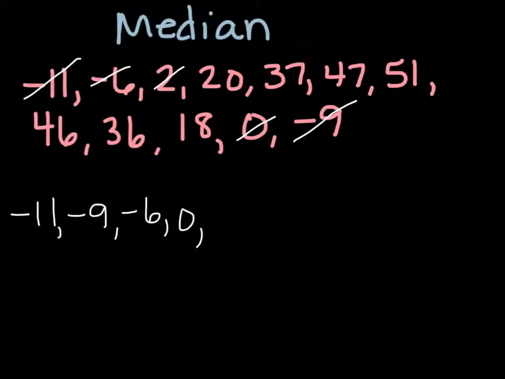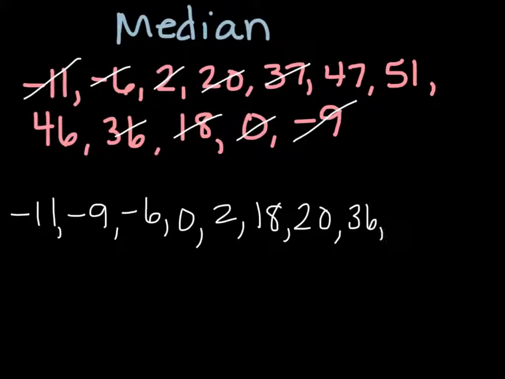Next number is 2. Followed by, oops, nope, that's not right, not 20, 18, then 20, followed by 36 and 37. Uh-oh, I'm going to run out of room. 46, 47, and 51. So there now, all 12 digits are in order from least value to greatest value.